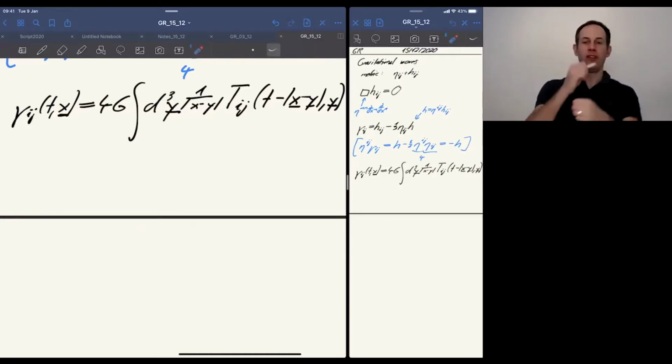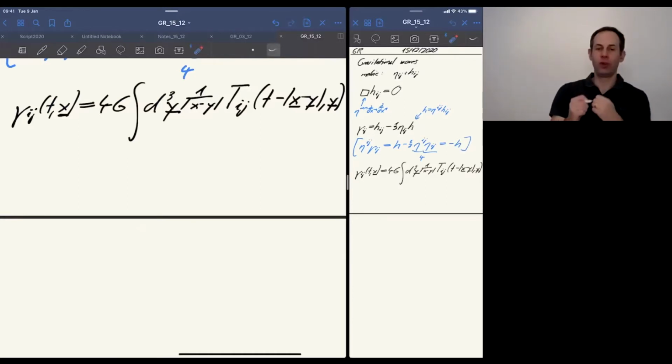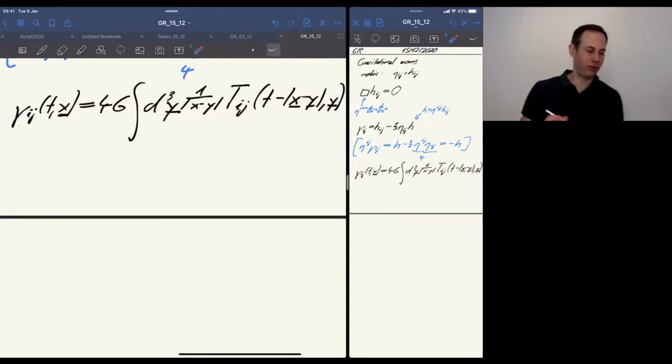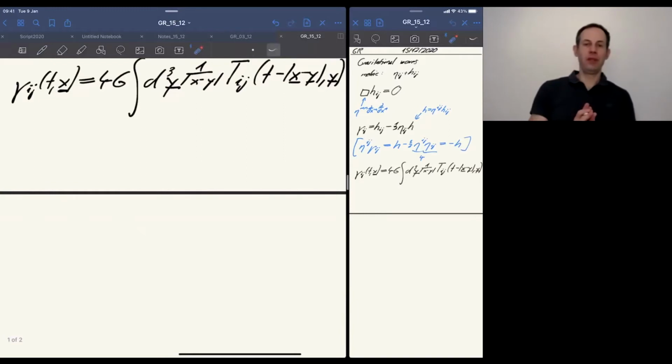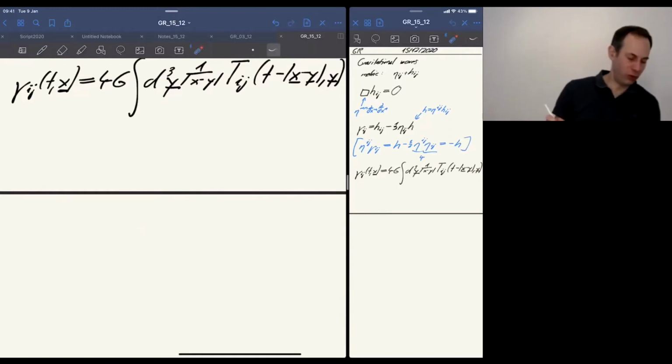So they lose energy by being a source of gravitational waves. When they lose energy, their frequency will change, and they will come closer to each other and eventually merge. But let's for the moment just consider a time interval where the frequency doesn't change too much.